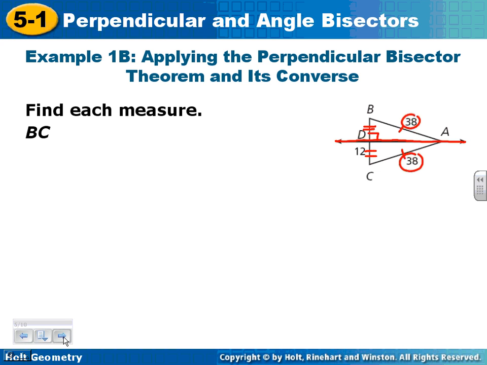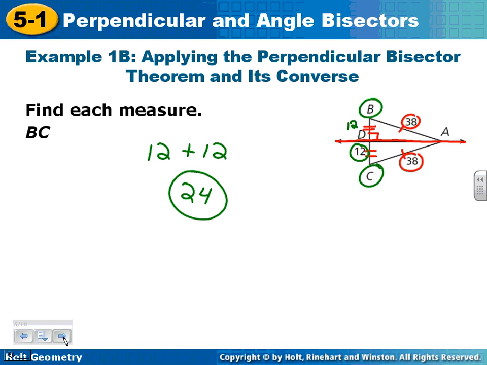Which means if this down here at the bottom is 12, this up here would be 12. But I'm asked to find BC. So from B to C would be 12 plus 12 put together. So my answer this time would be 24.